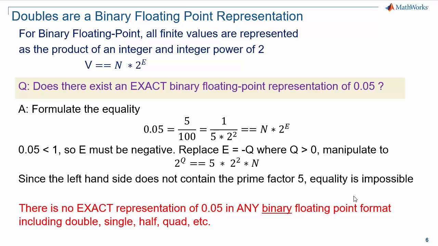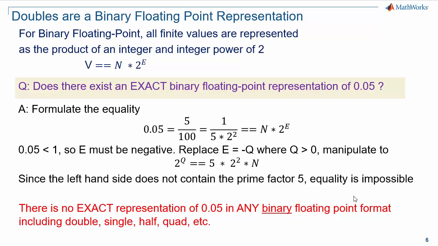And then if we manipulate this rational equation into an integer equation, we get the integer to the integer q will equal 5 times some additional integer terms. Again, these integers cannot be equal if the factors are not equal. And there's obviously no 5 factor on the left-hand side, but there is one on the right side. So equality is impossible.